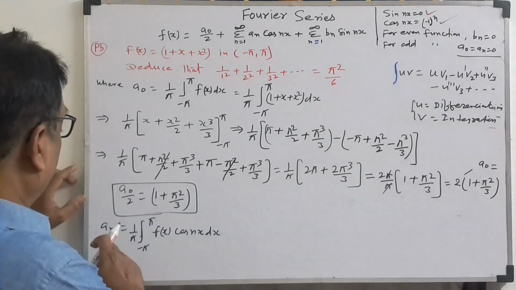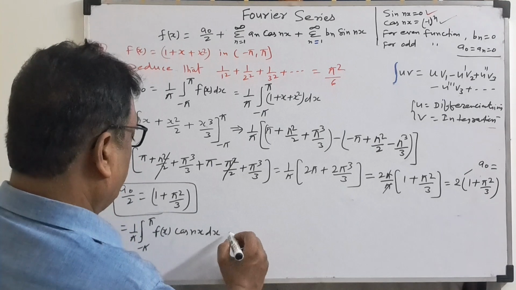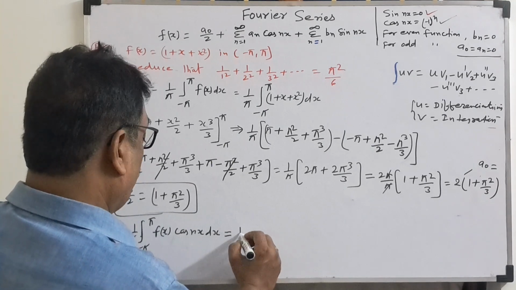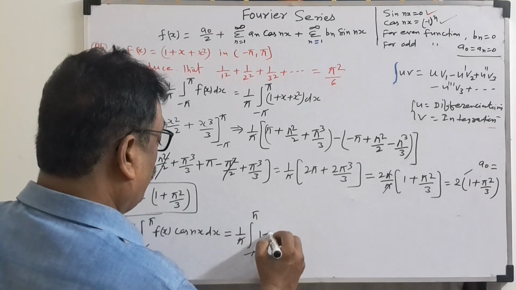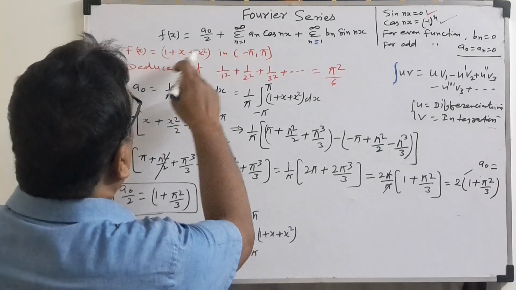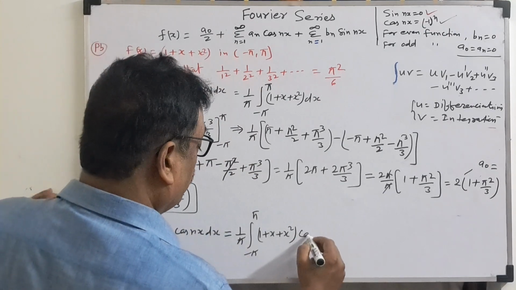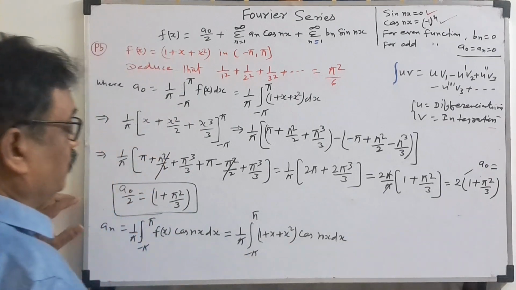An has cos nx dx, Bn has sin nx dx. So what is there here? 1 by pi integral from minus pi to pi of (1 plus x square), which is given as f(x), then cos nx dx. This we have to integrate.